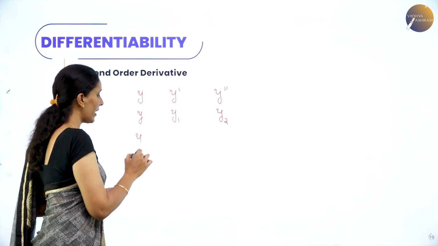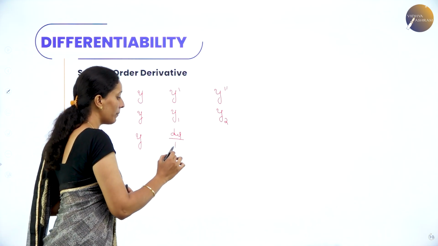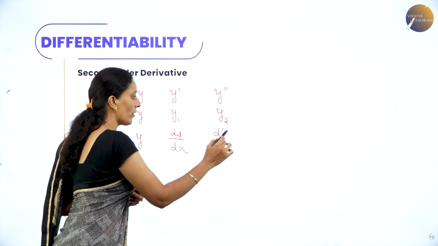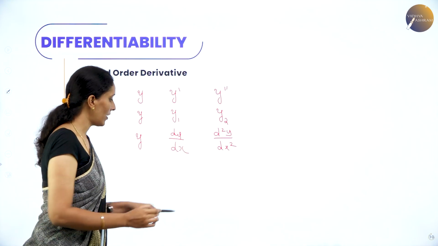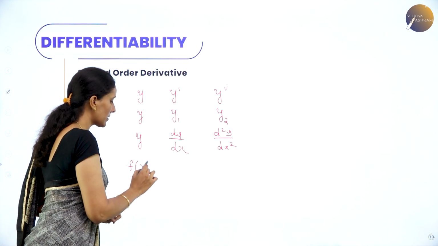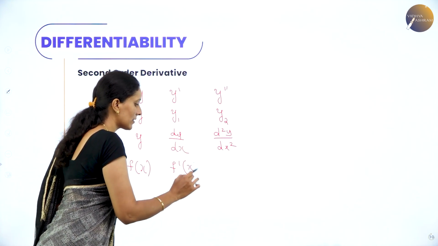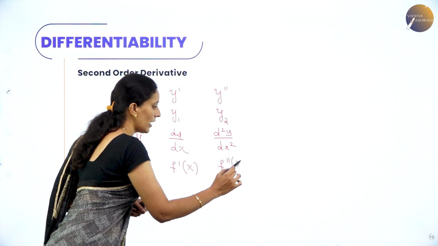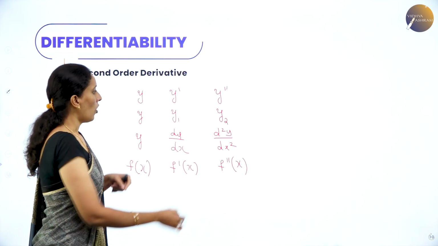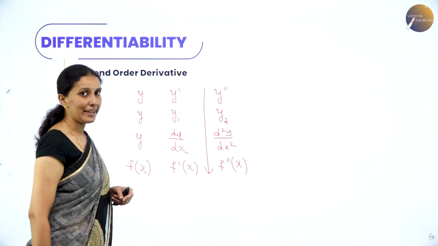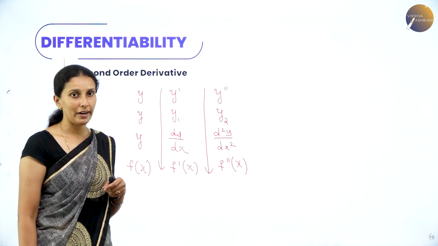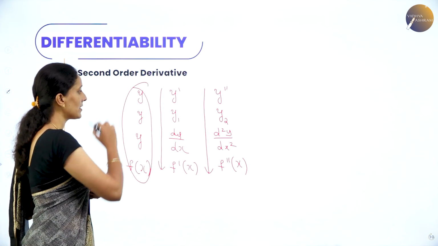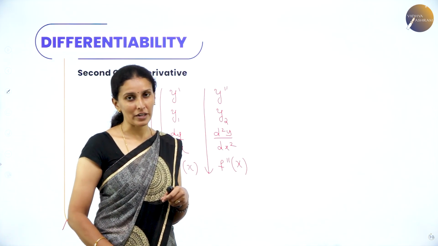Or dy by dx, d square y by dx square. Again, the first order, second order. Sometimes f of x, f dash of x, f double dash of x. So all these symbols represent the first and second order derivatives, and this is the representation of any kind of function.